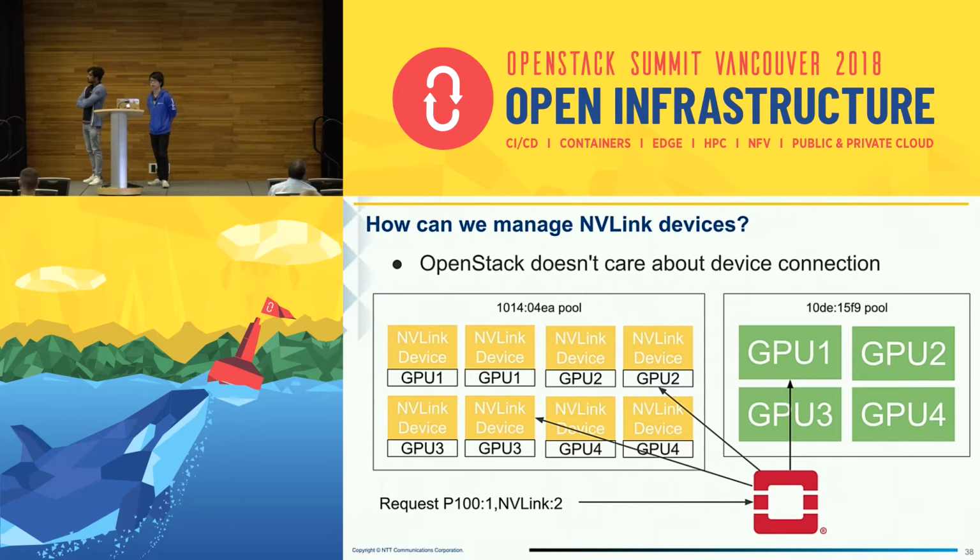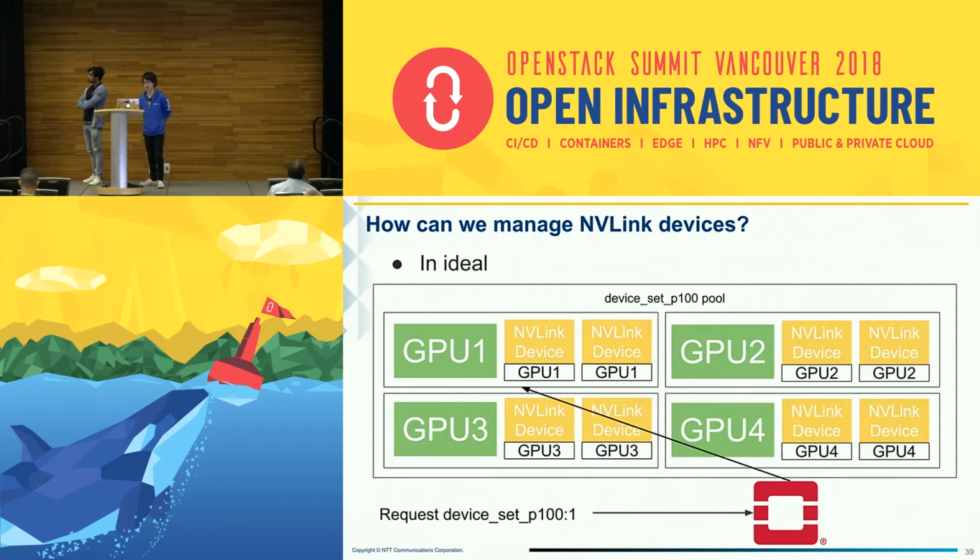So if you request one GPU and two NVLink devices, the wrong device may be attached. Ideally, we think a group of PCI devices can be defined, and when a device set is requested, multiple devices are set at the same time. But currently, we cannot do this with OpenStack.